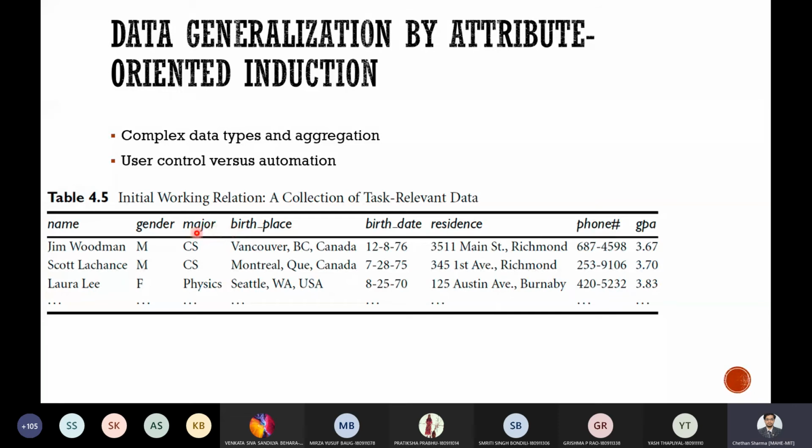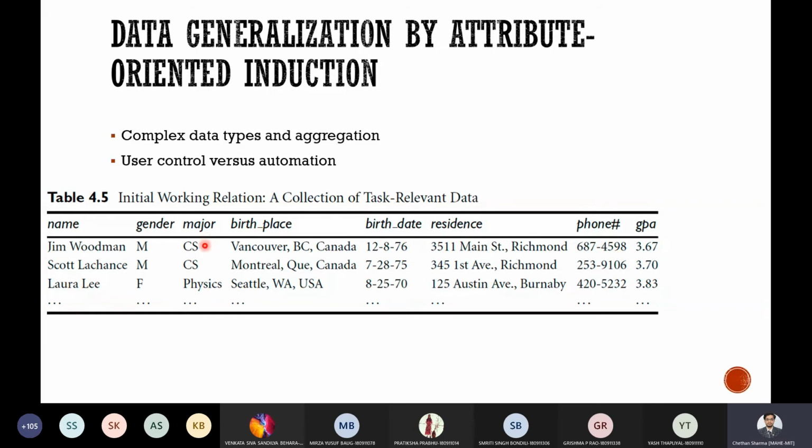The third attribute is major. Assuming that a concept hierarchy has been defined on this, the attribute major can be generalized, like arts and science, engineering or business.